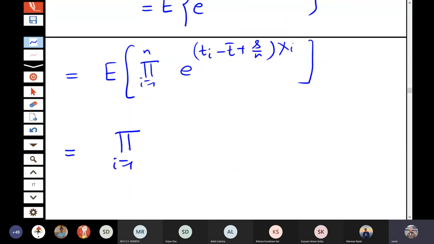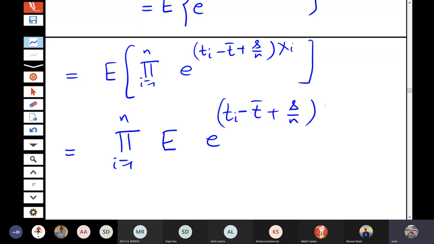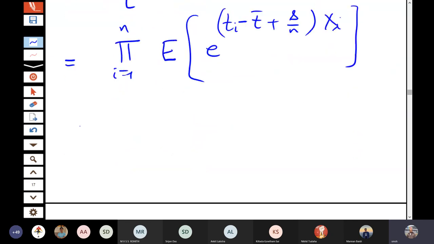So this is the product, i equal to 1 to n, of the expectation of e to the power (Ti minus T bar plus s by n) xi, and this is nothing but the mgf of xi at the point Ti minus T bar plus s by n.